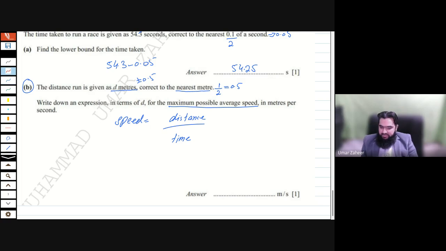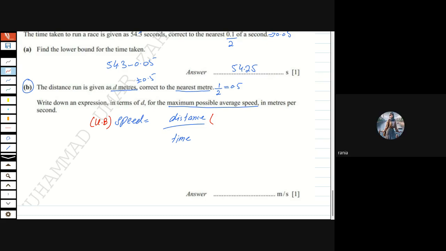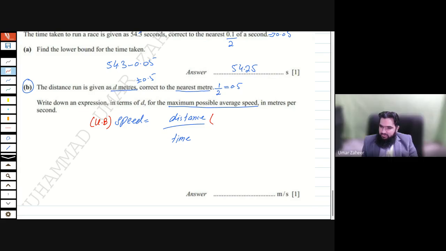All right, for the speed, we need to find the maximum possible average. Means we need to find the upper bound. Yes, Rania, we have to take the upper bound or lower bound of distance. It's a division case. For distance, we have to take lower bound, upper bound.